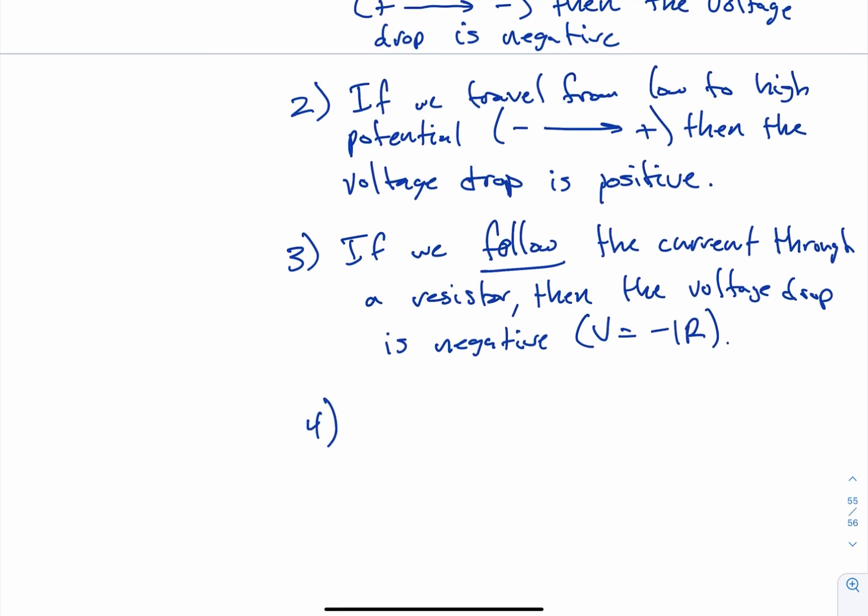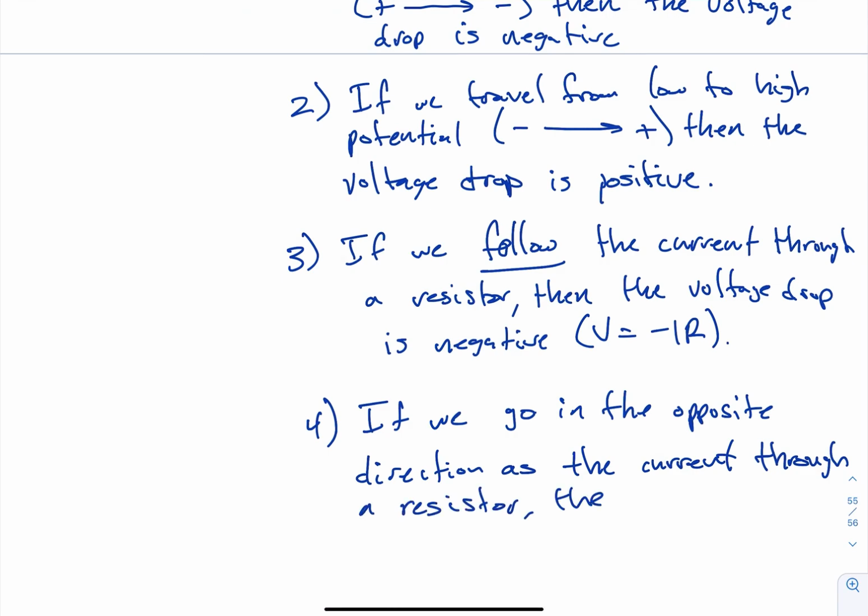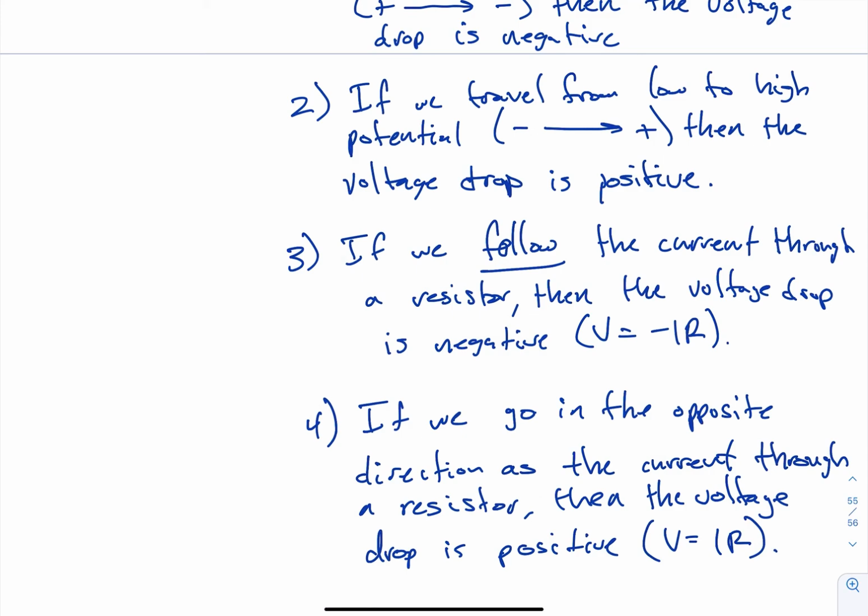And finally, if we go in the opposite direction as the current through a resistor, then the voltage drop is positive. V equals IR, or in other words, a positive IR, just to make it perfectly clear.